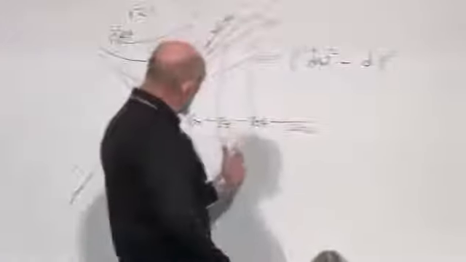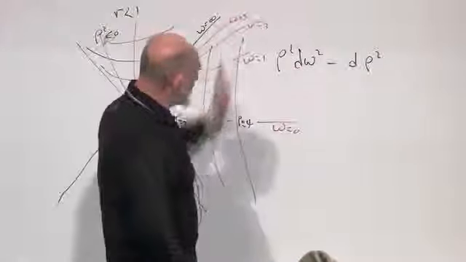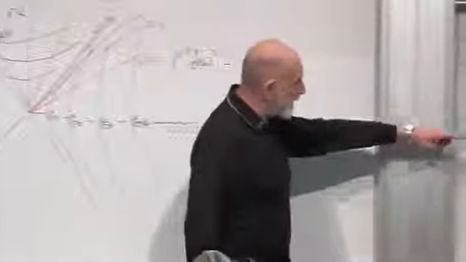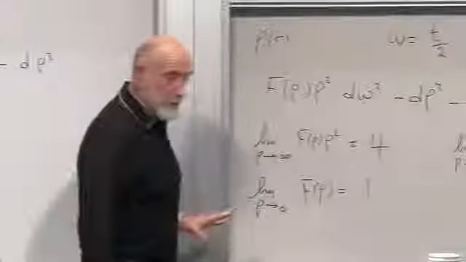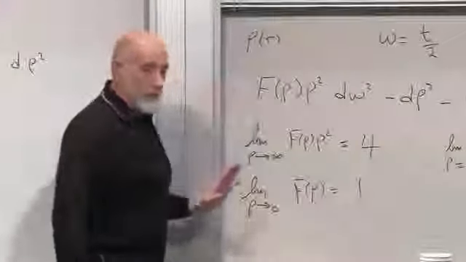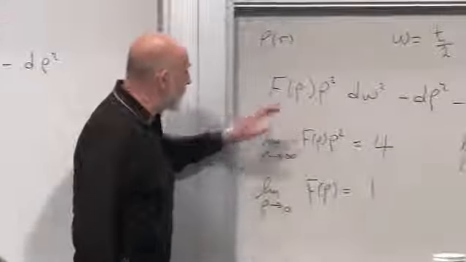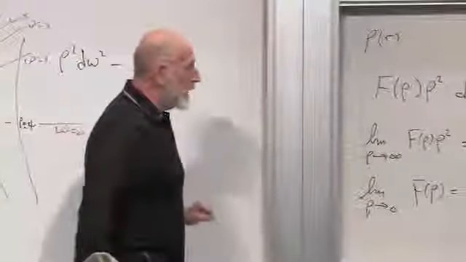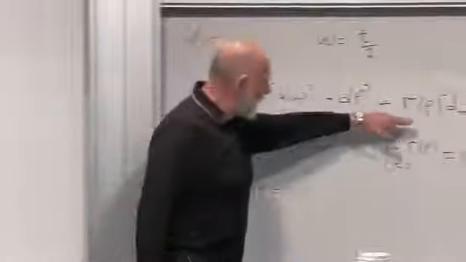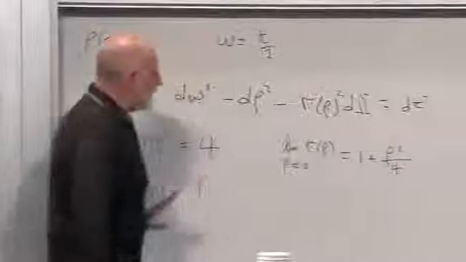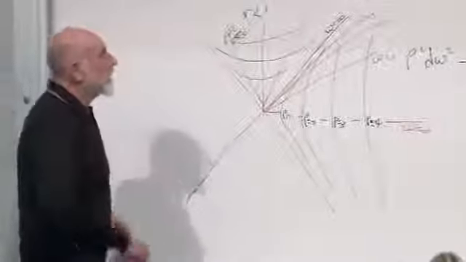So the metric along this omega direction, f of rho times rho squared, does differ from flat space. The differences show up in the way f of rho varies as you move away from the black hole. Close to the black hole, though, this is what the geometry looks like.